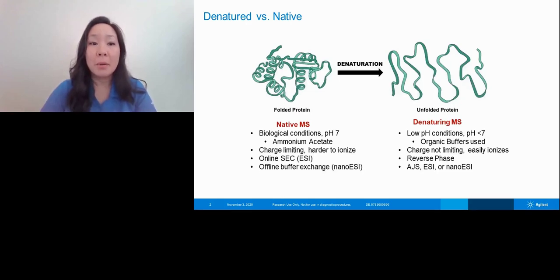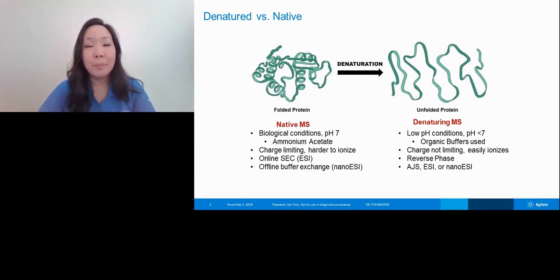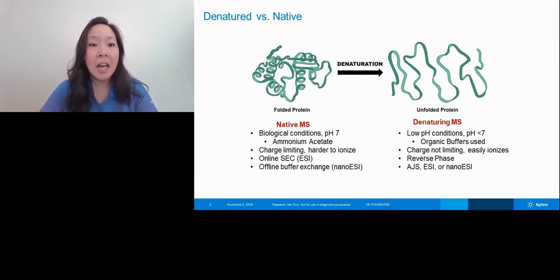In native mass spec, the protein retains its native, folded form under biological conditions at pH 7, usually with ammonium acetate as our buffer, ranging from 50 millimolar to 200 millimolar concentration. It is a charge limiting application, so it's a little bit more challenging to ionize.